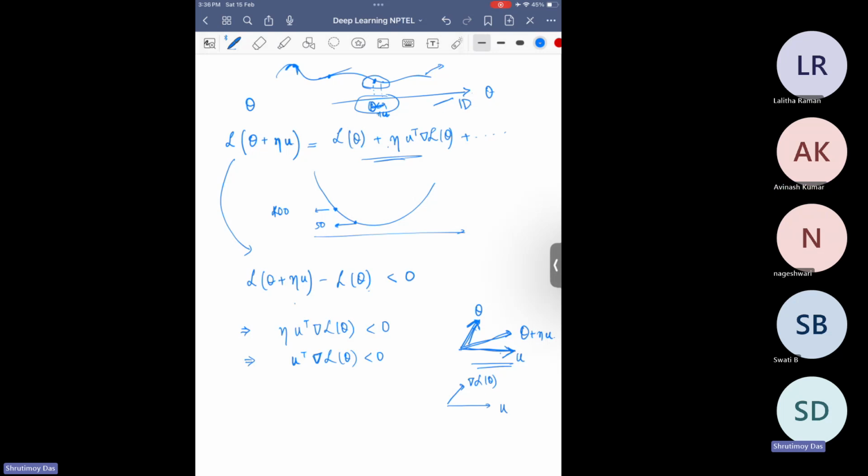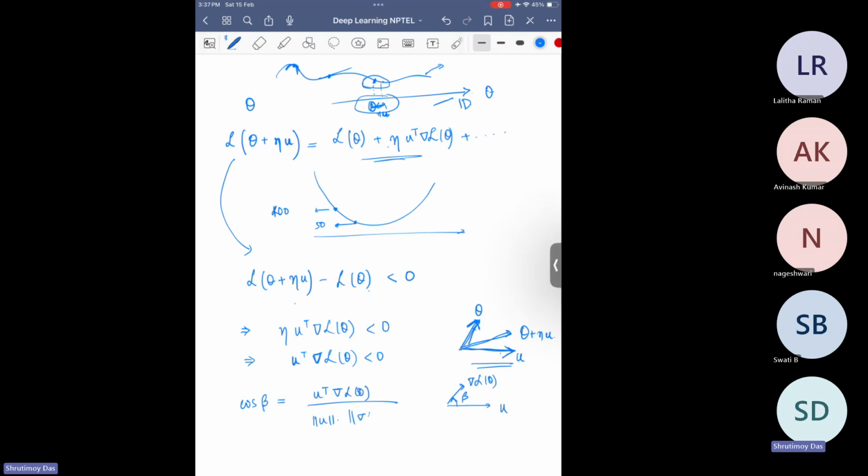If these two have some angle beta between them, then by the formula of cosine, it should be between 90 and 180 degrees, so cos should be between -1 and 1.